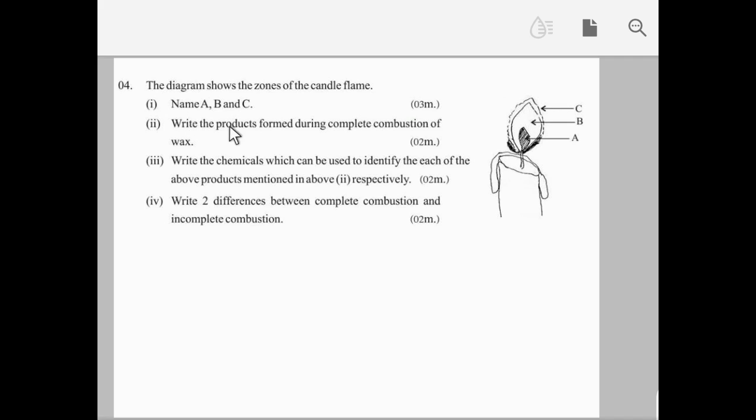Write the products formed during complete combustion of wax. If there is a complete combustion, that results only water vapors and carbon dioxide.